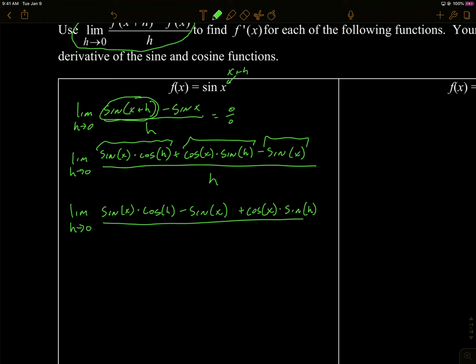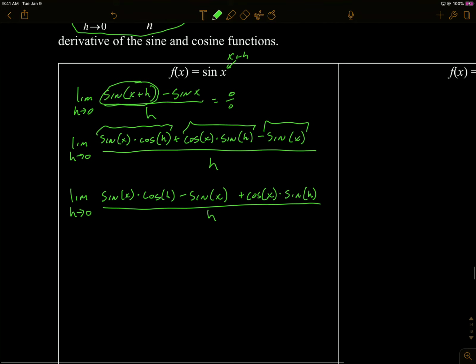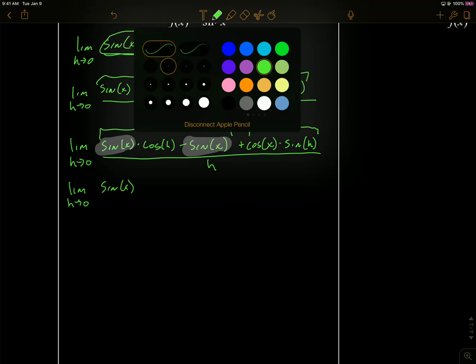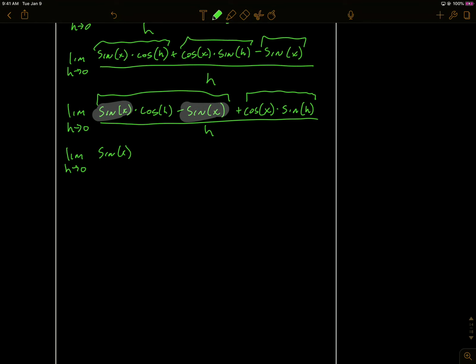all over h. So now I can break this up into two fractions. I can unadd the fractions. I'm going to stick these two together in one numerator plus this one in the other numerator. So I've got sine of x, and at the same time, I notice that sine of x shows up in both terms, so I'm going to factor it out.